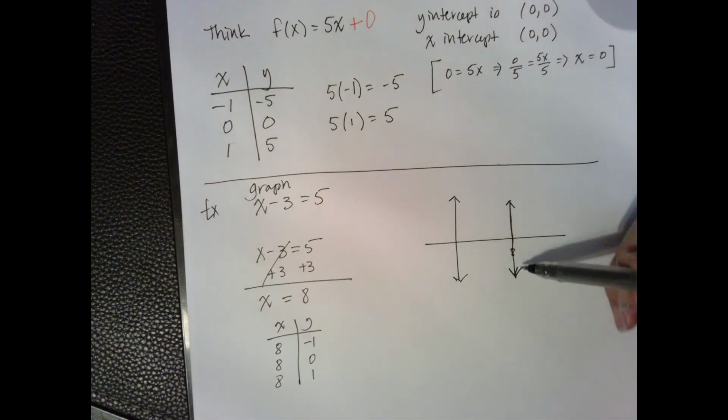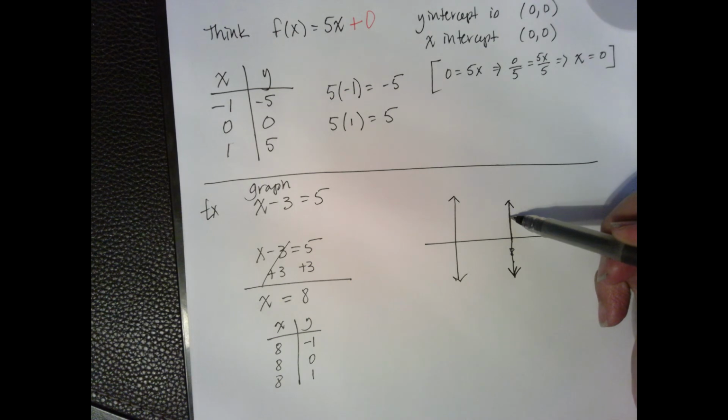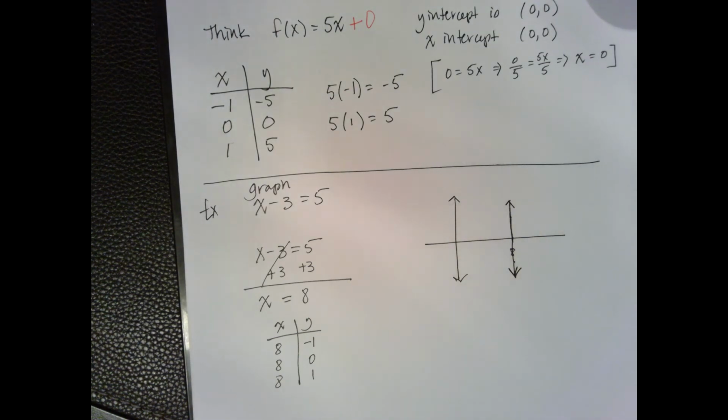Looking at my line, I do have the point 8, negative 1, I do have the point 8, 0, and I do have the point 8, 1. Okay, so it's still a valid t-chart. Just remember, you don't have a choice for your inputs when you're looking at x equals a number. Okay, that number is every single input, and it goes through every single output you can think of.